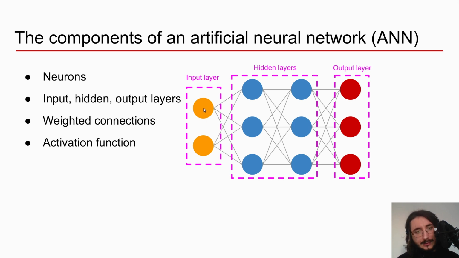For example, this neuron here is connected to this neuron here, to this neuron here, and to this neuron down here. So this is a fully connected neural network. Then another component that we saw already when we talked about artificial neurons are the activation functions. These functions are fundamental to process the incoming information that gets into the neurons.